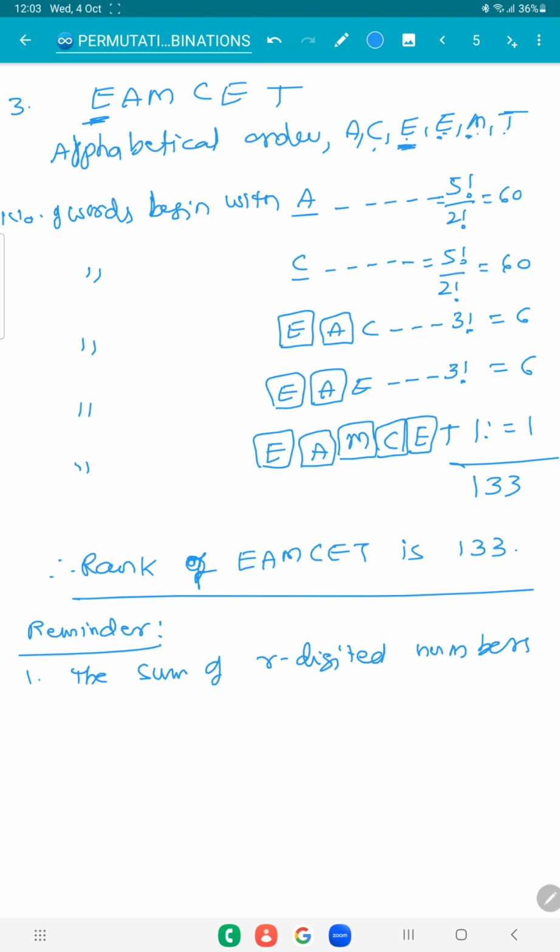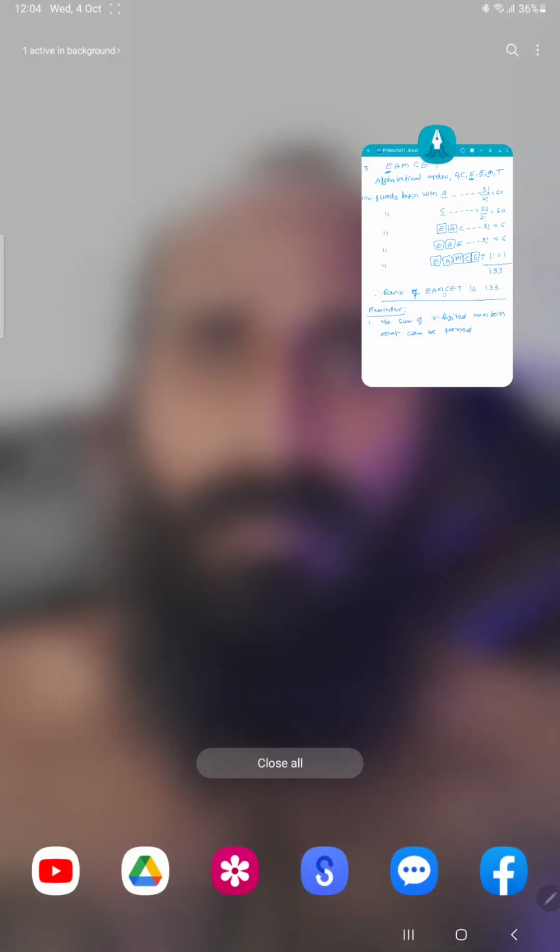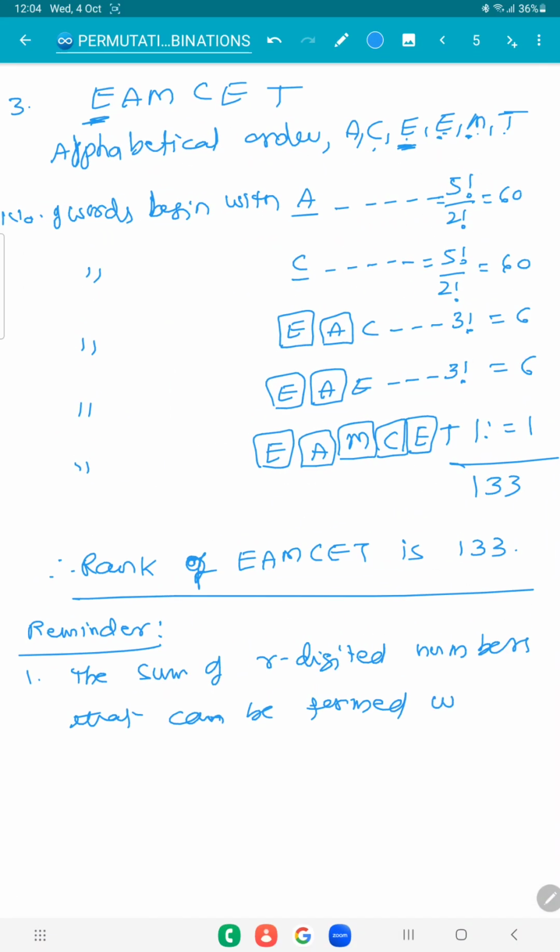that can be formed using the given n distinct digits. So 1 less than n less than 9.